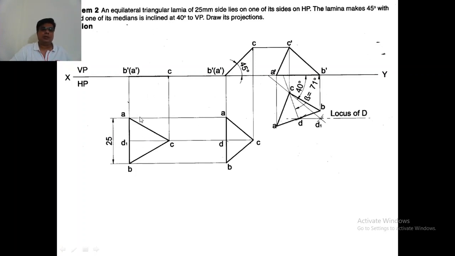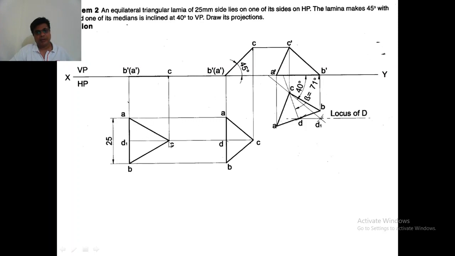So first let us see what a median is. All of you know from your high school geometry that a median is defined in any plane figure, whether triangle, pentagon, hexagon, square or rectangle.